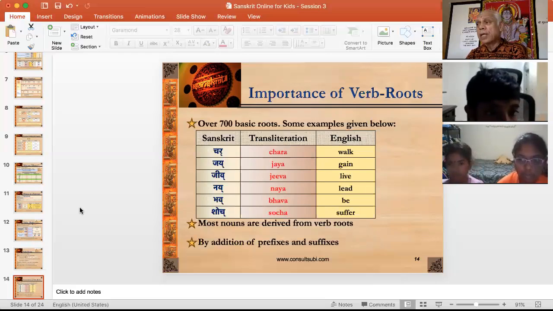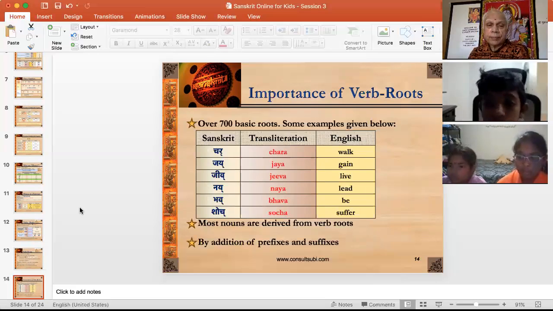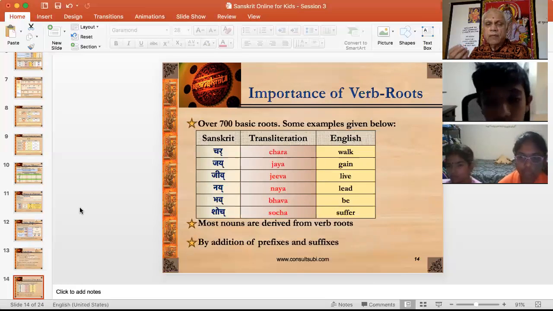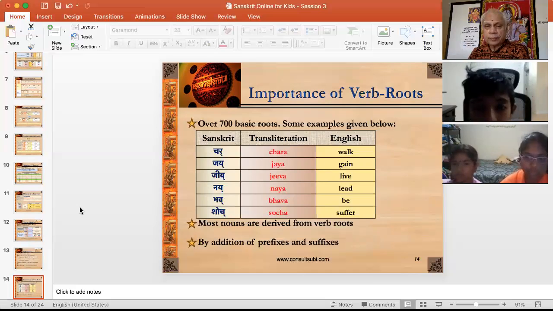So you have many of these basic roots from which you get expansions. Charanam, jayam, jayati, vijayam, jivati, jivan. Jivan means life. It refers to a living being. Some people even have the name Jivan.